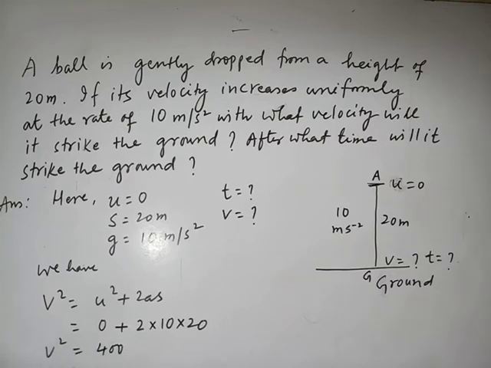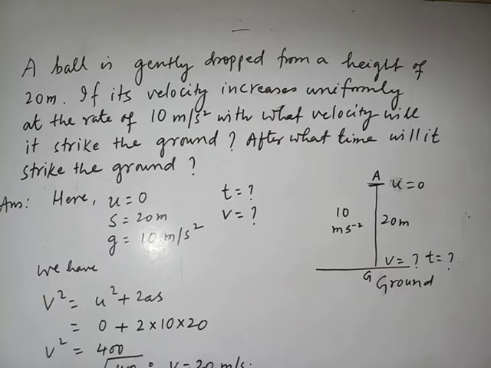Therefore v is equal to under root 400, so v is equal to 20 meter per second. Yes, the velocity at which the ball will strike the ground is 20 meter per second.